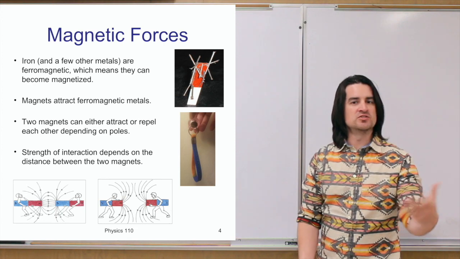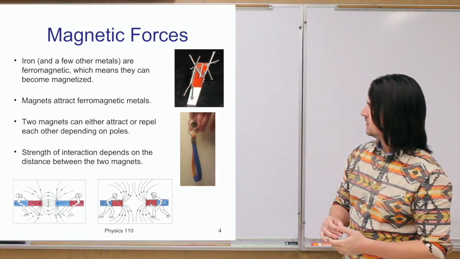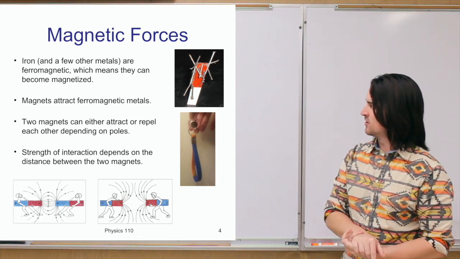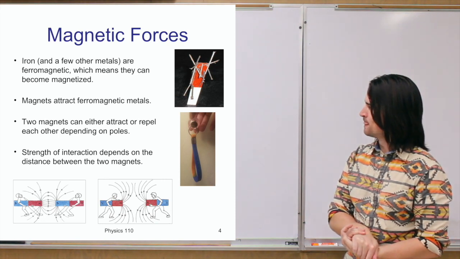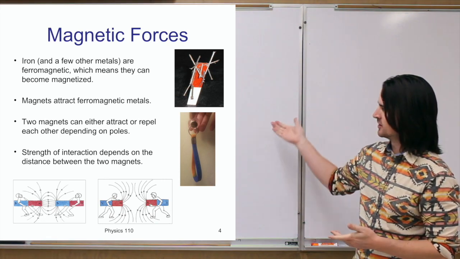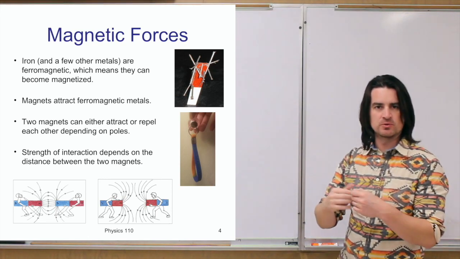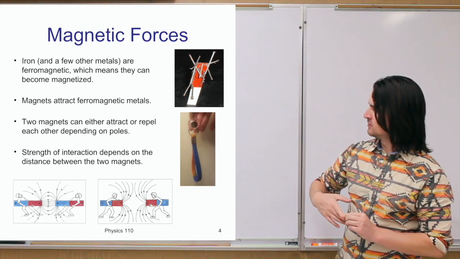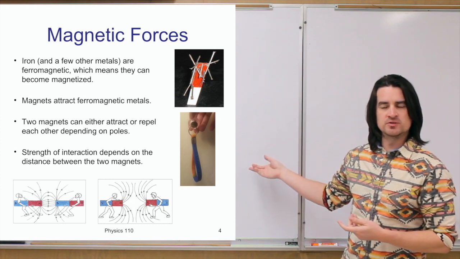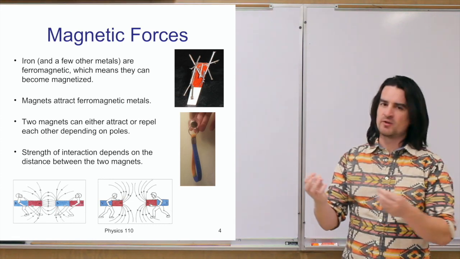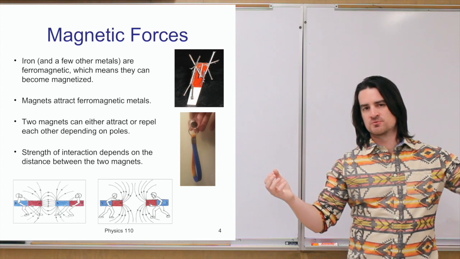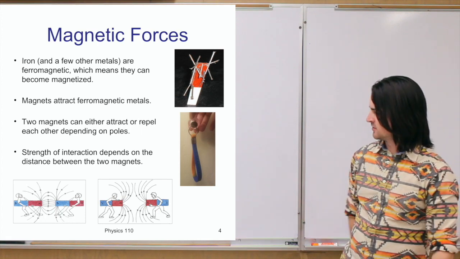And in that sense, it will easily be attracted by a magnet. So magnets will attract ferromagnetic metals, and like I said before, magnets are either going to attract or repel each other depending on which of the poles are facing each other. Also, similar to electric fields, the further you get away from the magnet, the weaker the magnetic field is, and the weaker the magnetic force will be on any other magnet out there.